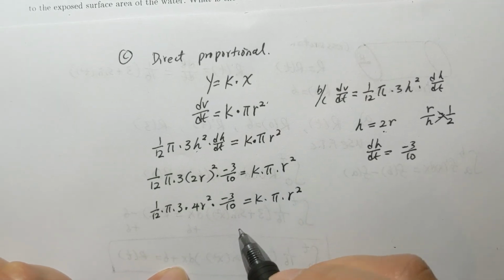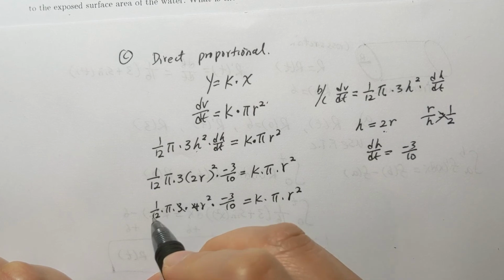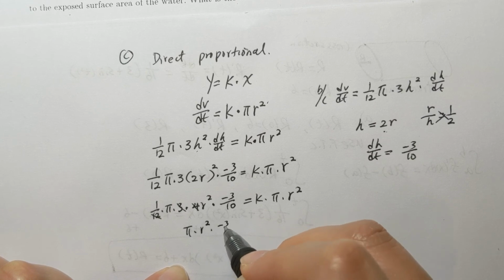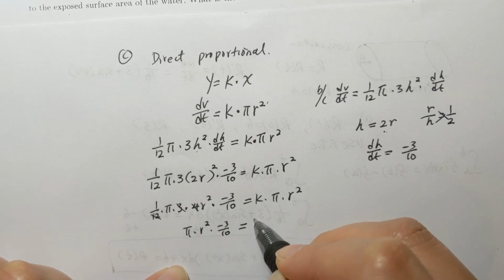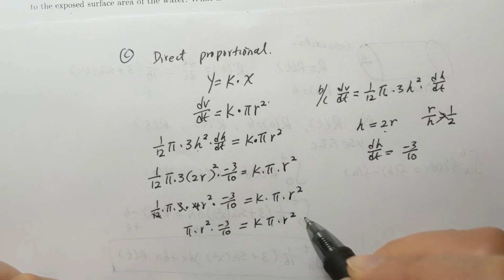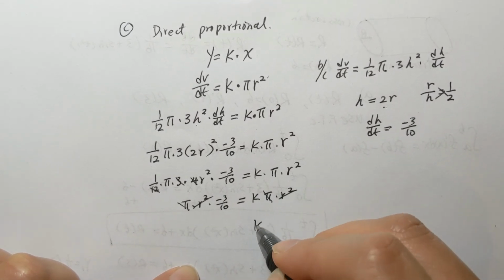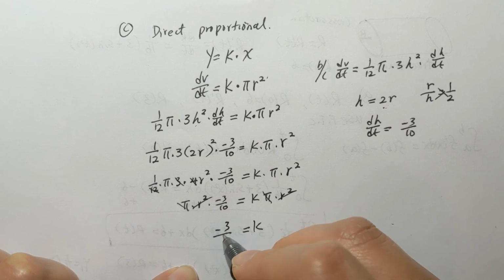Okay, so you find out that 3 and 4 cancel with the 12. And then you get pi times r squared times negative 3 over 10. Now over here, the pi and pi cancel, the r squared and r squared cancel. So k equal to negative 3 over 10.